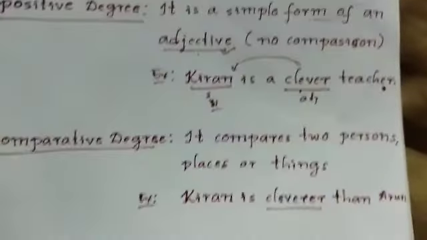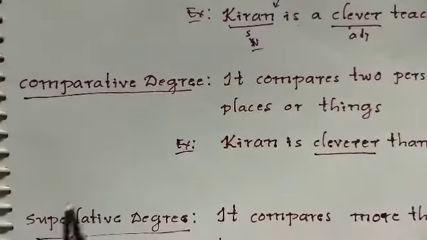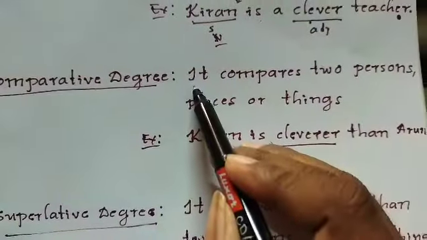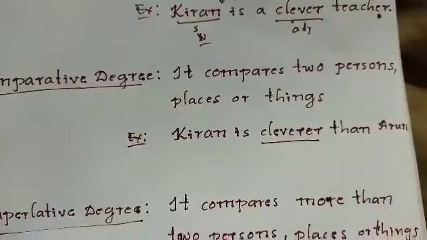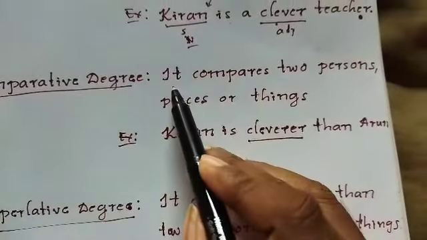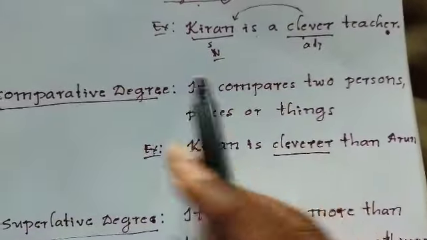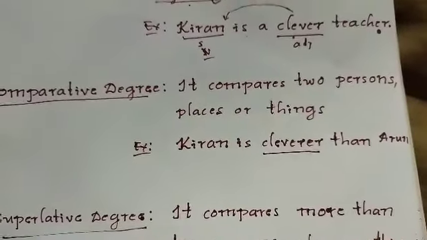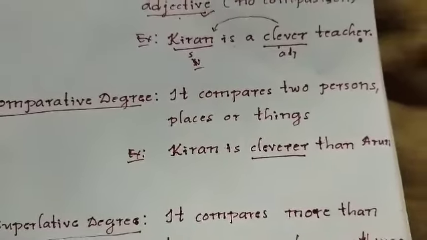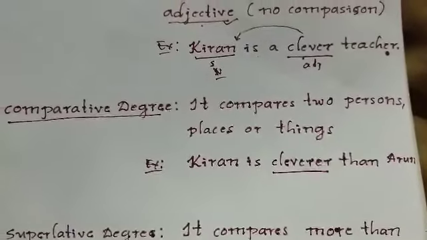Next, comparative degree. The comparison between two persons, two places, or two things is called comparative degree. For example, a person's height, weight, or complexion, whatever the colors.